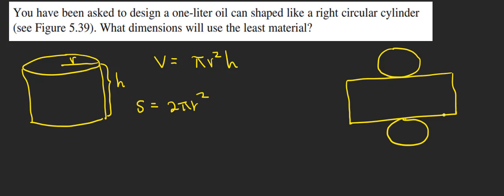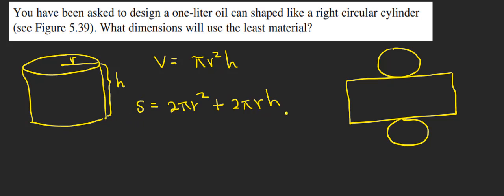And the area of this rectangle will be, the length is the same thing as the circumference of the circle. So it's going to be plus 2 pi r. That is the circumference of a circle, and that is just the h. So surface area is 2 pi r squared plus 2 pi r h.